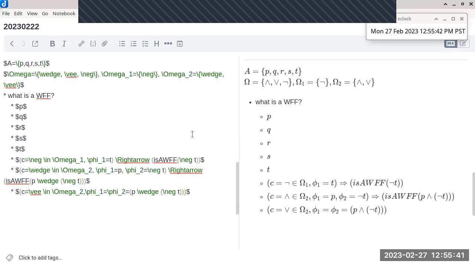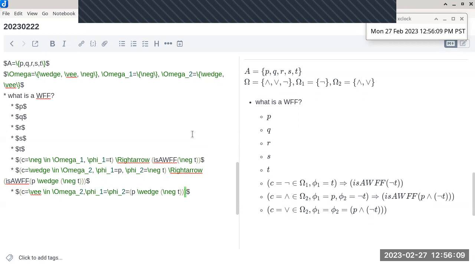Well, you can double check. Is or in omega 2? Yes, it is. It's an operator that requires 2 operands, and as a result, it is in omega 2. Can I make phi 1 the same as phi 2, which is P and not T? In other words, I'm asking, is P and not T a well-formed formula? Yep, we know that from the previous step.